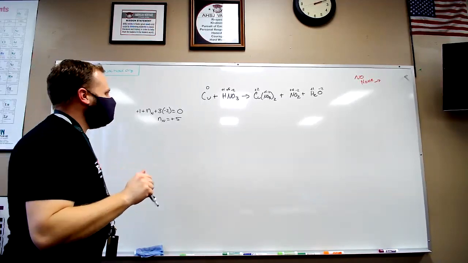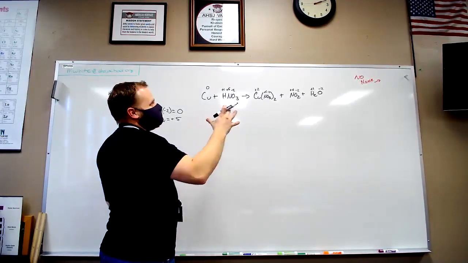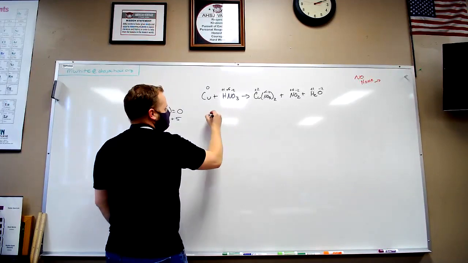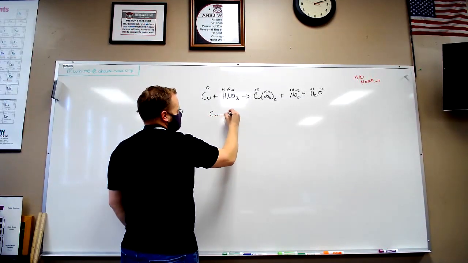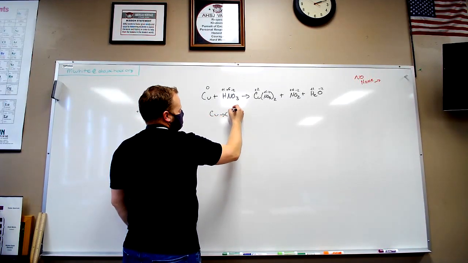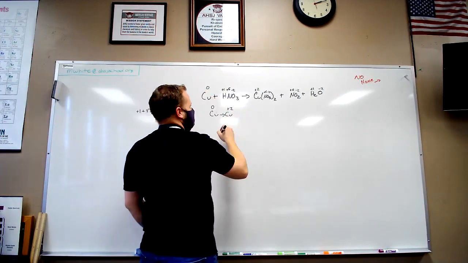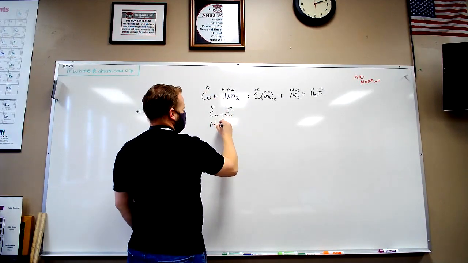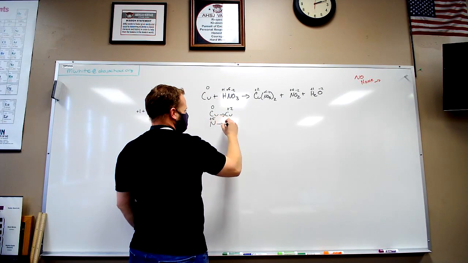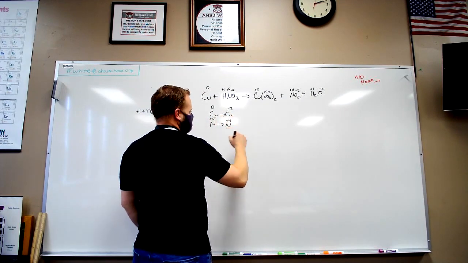Okay. So we need to figure out what is the change in magnitude. So copper went from 0 to plus 2. So what is the total change? Plus 2. Nitrogen went from plus 5 to plus 4.